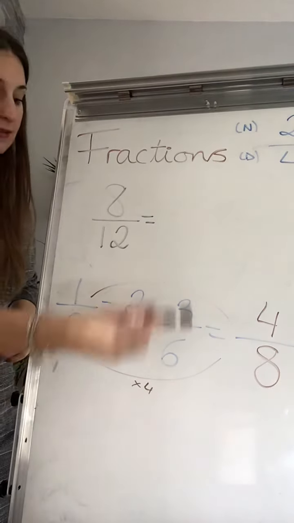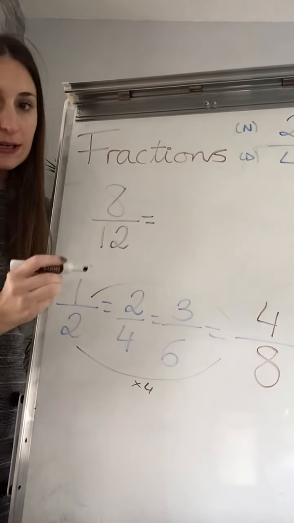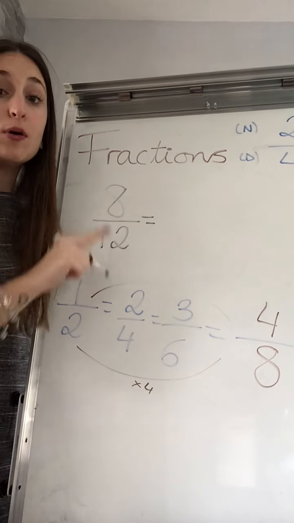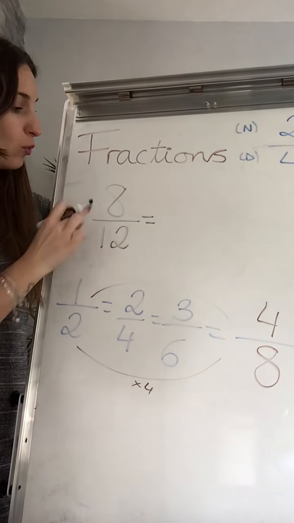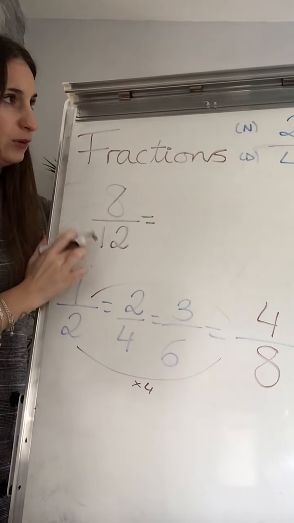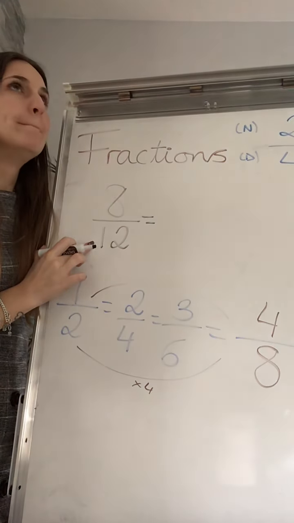Before you were timing, now you can divide, but dividing is a little bit trickier because you need to find a number that is divisible by both of them. For example, where can I find 8 and 12 on the same timetable?